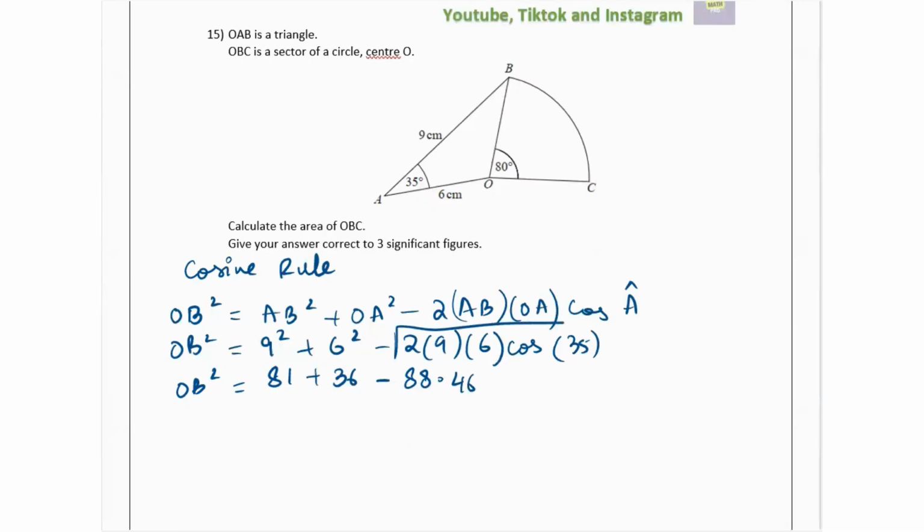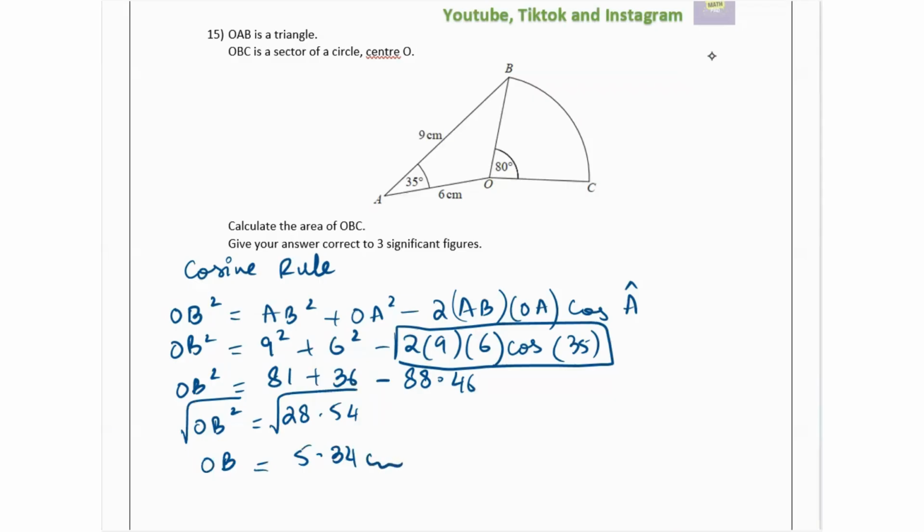We multiply all of these together in one go. So that's going to be 28.54. And then we square root both sides to find OB, which gives us 5.34 centimeters.